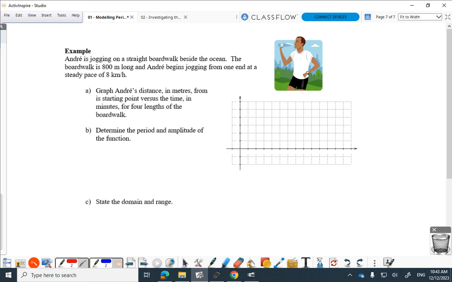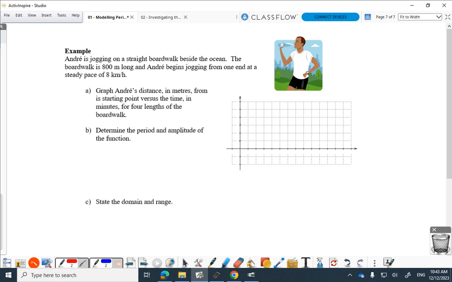First question. How far is the farthest Andre gets away from where he started? If the boardwalk's 800 meters long, 800 meters. Okay? So that's what he's got to get to here. So I'm going to put on here, how many squares do I got? 1, 2, 3, 4, 5, 6.